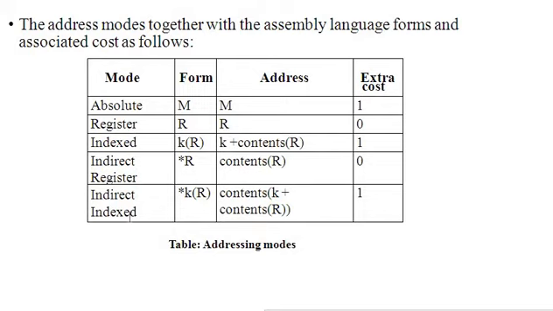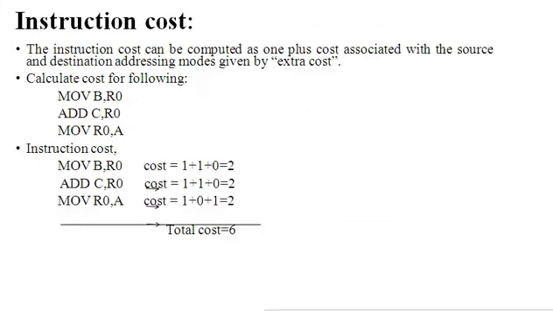In indirect index, the form is pointer K of R, the address is contents of K plus contents of R, which requires an extra cost. For an instruction, the cost can be computed as 1 plus the cost associated with the source and destination addressing modes, given by the extra cost.